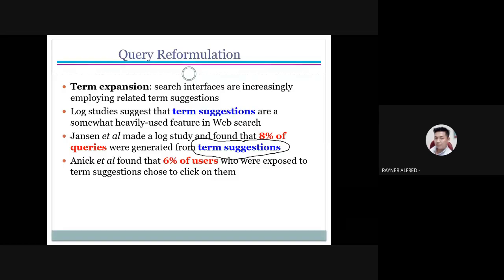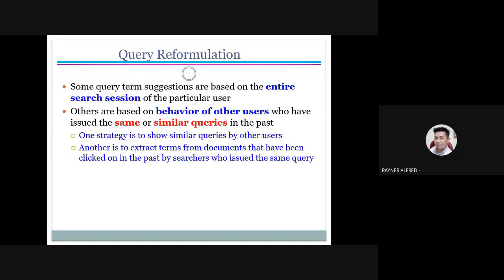And 6% of users who were exposed to some term suggestion will likely click on them. So somehow it will help people get a more specific and focused item rather than a general one.